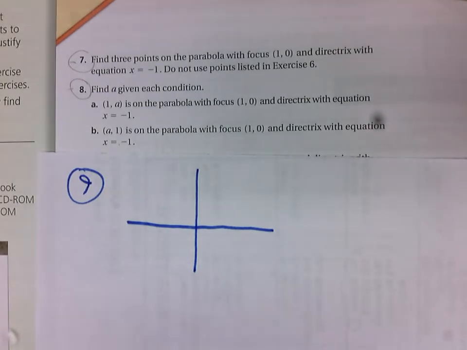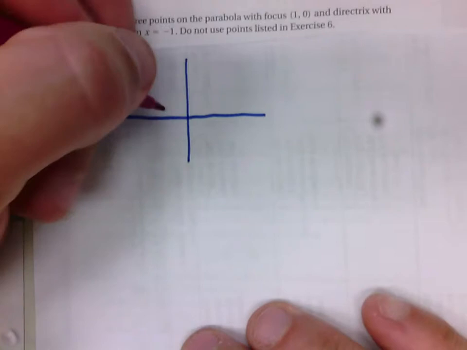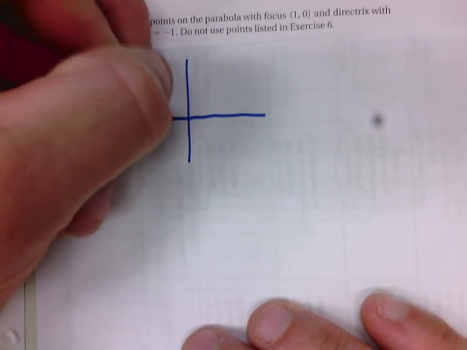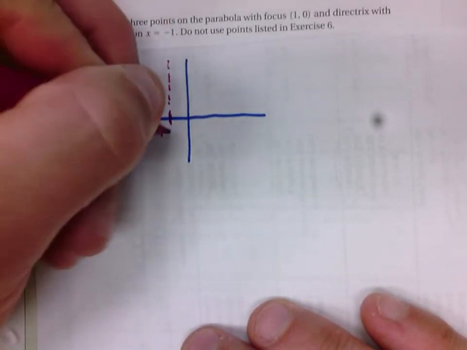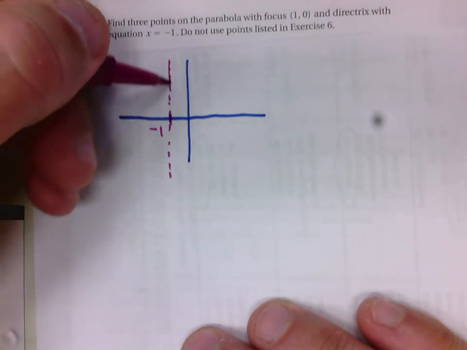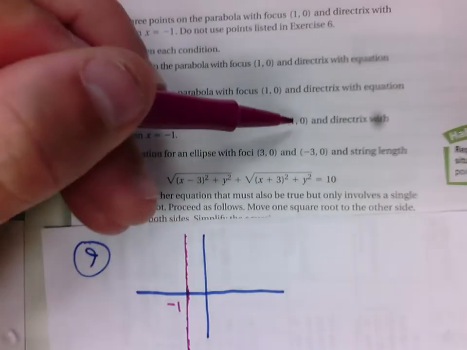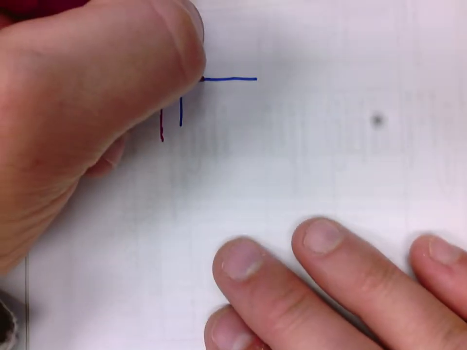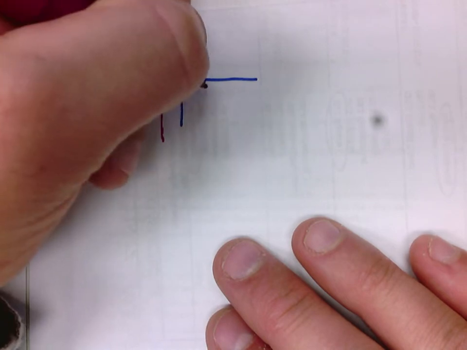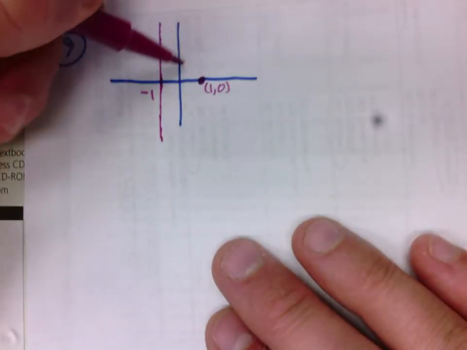The directrix is the fixed line that the definition of a parabola is based on. So what we're saying is here at negative 1 we have that line, and that's the directrix, the fixed line the parabola is defined after. And then it says focus at 1, 0. So if I put the focus here at 1, 0, we've already learned that the parabola itself is kind of stuck between these.